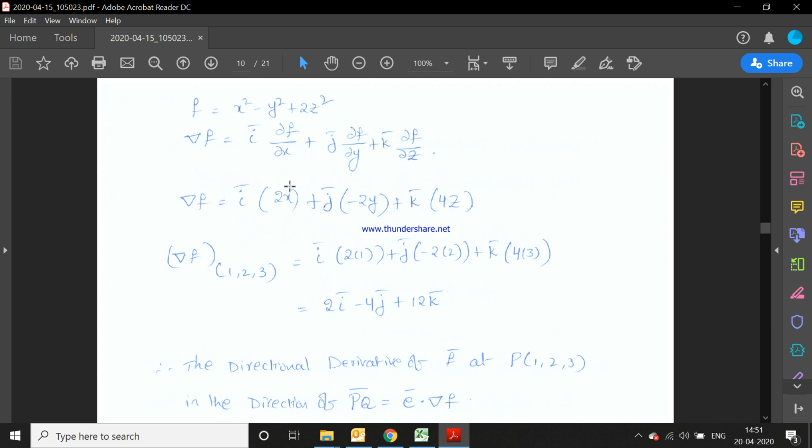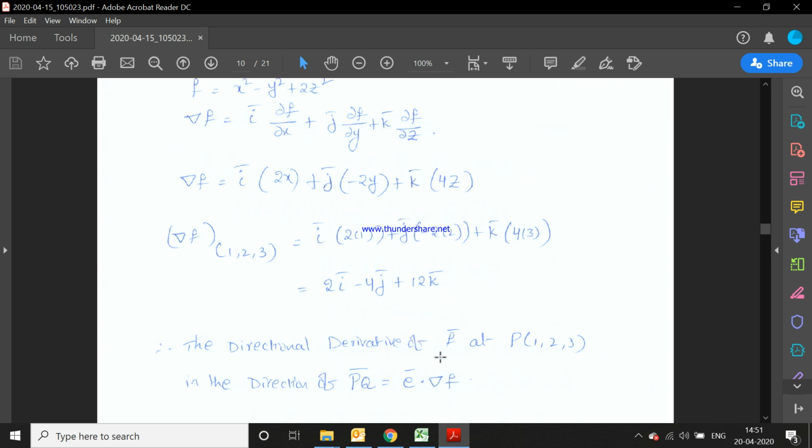Substitute all the values in del F and we can find the directional derivative at P. P is 1, 2, 3. Substitute x value 1, y value 2 and z value 3. We get 2I bar minus 4J bar plus 12K bar.